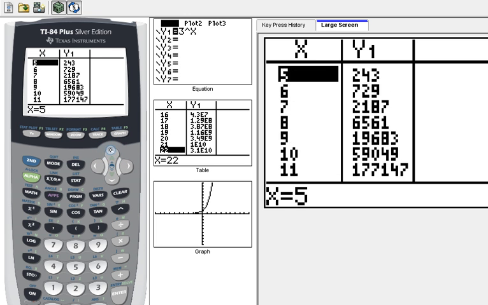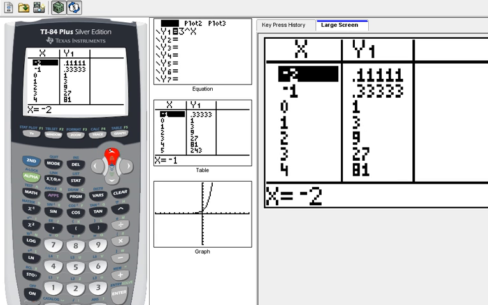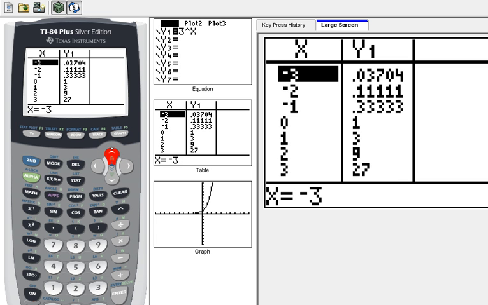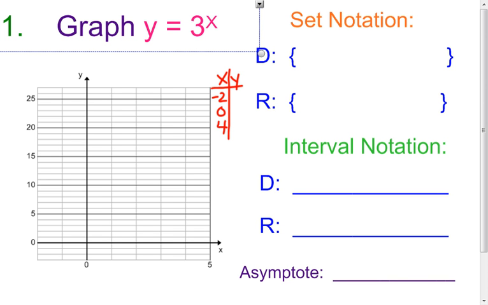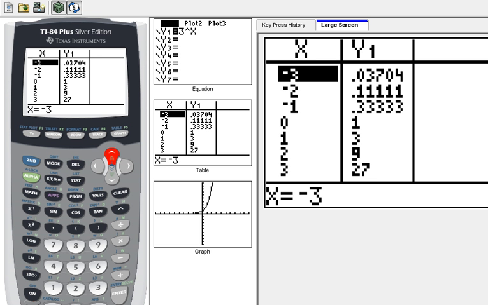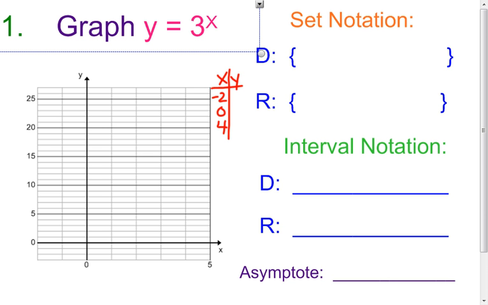In order to graph this, you would want to have a few points to plot so that you can see a little bit of a pattern. So I'm going to plot the points -3 and 0.037. Actually, I don't even have -3 on here. So let's go to -2 and 0.111, and then -1 and 0.333.